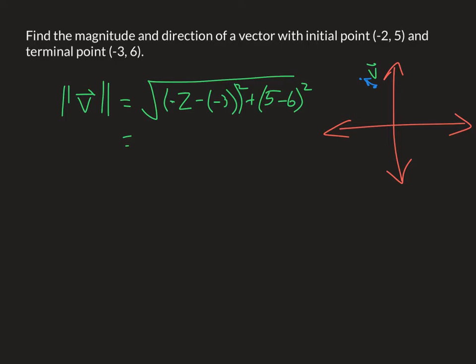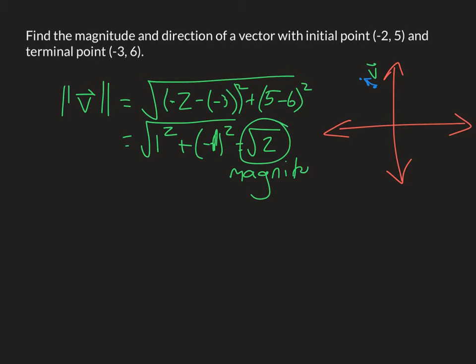So -2 minus -3 is 1. 5 minus 6 is -1. And so the result ends up being the square root of 2. And that is the magnitude of our vector. That's its length.